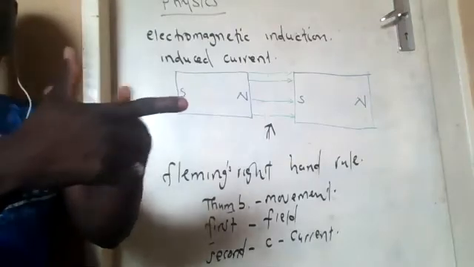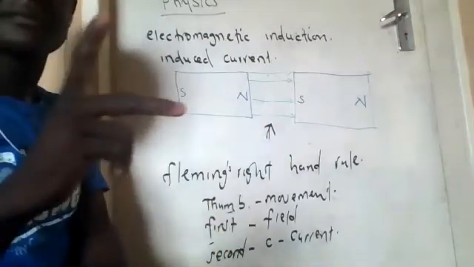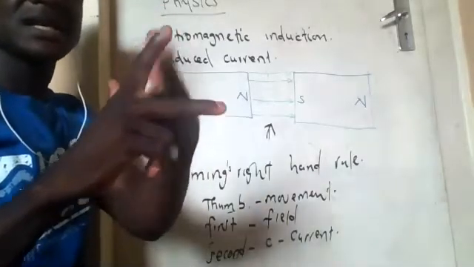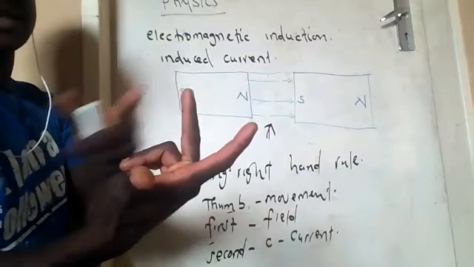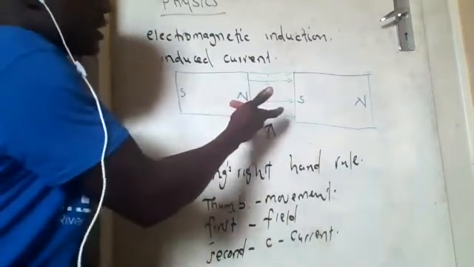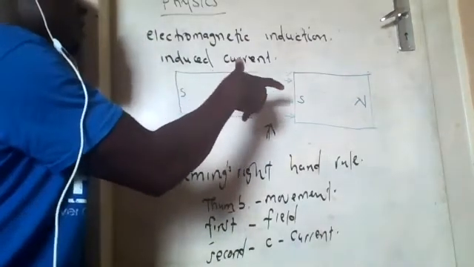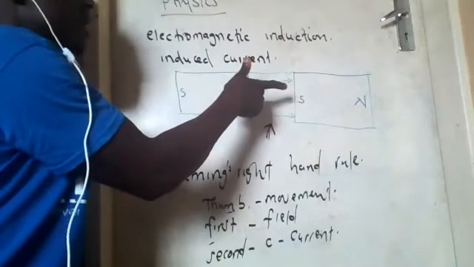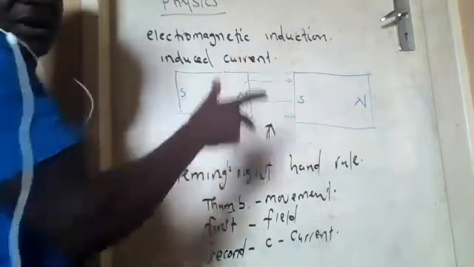Here must make 90 degrees, and this must stand at 90 degrees to the plane. Once that happens, we are going to position our hand in that way.